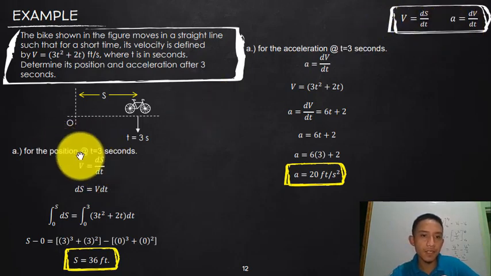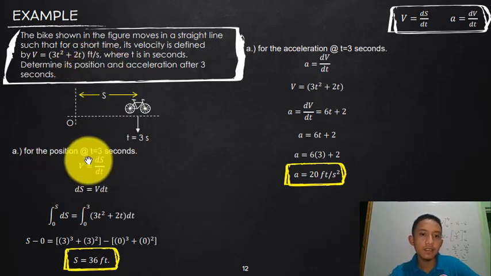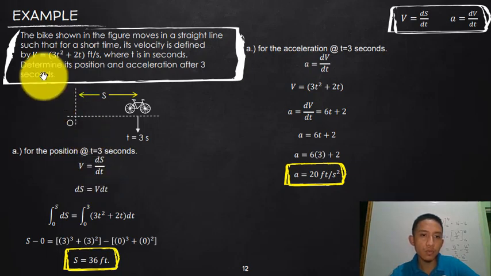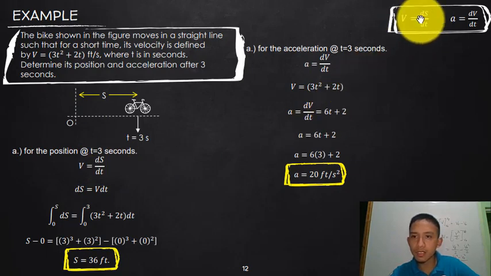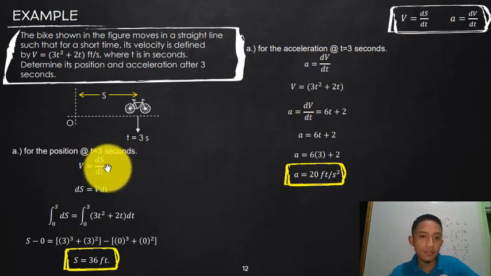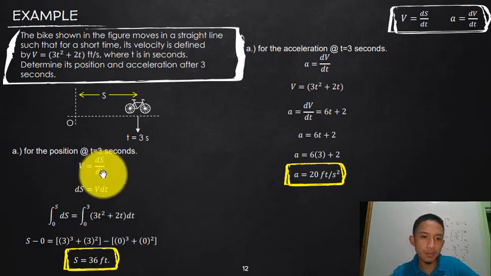First, let's solve for the position, or the displacement, after 3 seconds. What do we have is v, what we need is s, so maybe we will be using this one. Your v is 3t² + 2t.